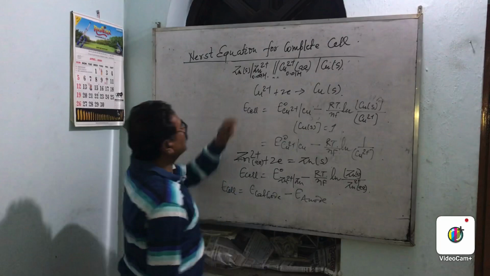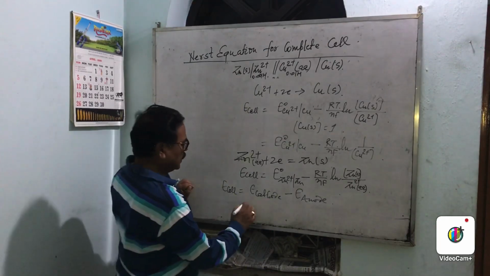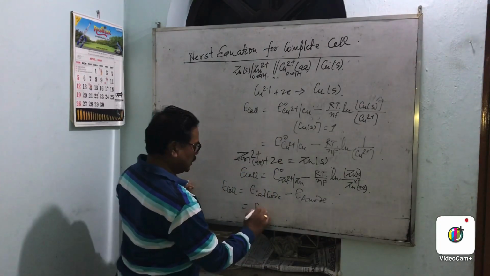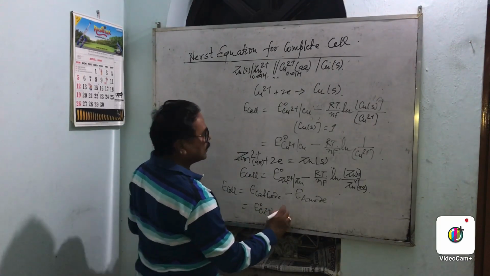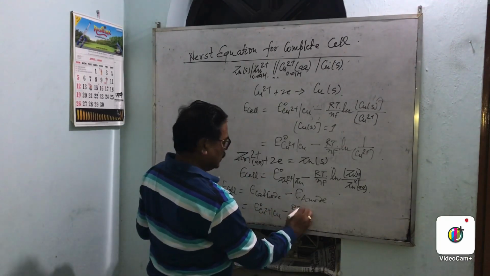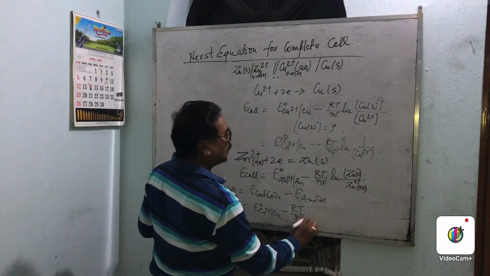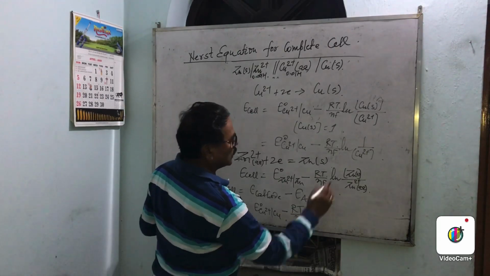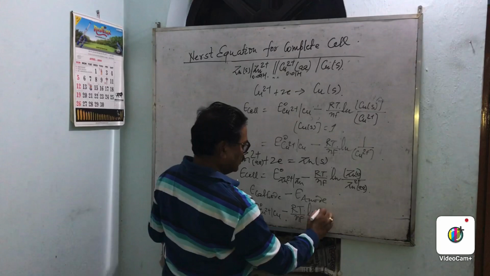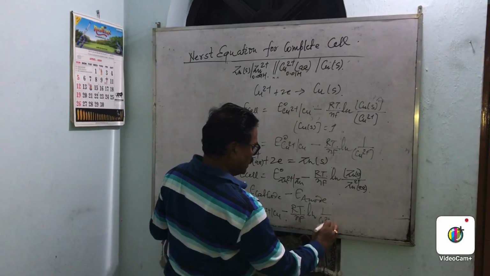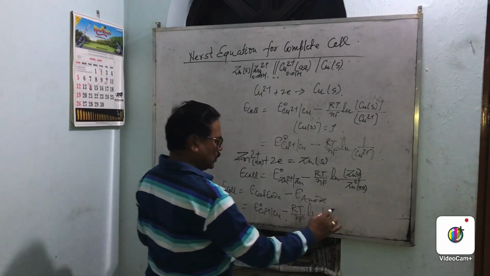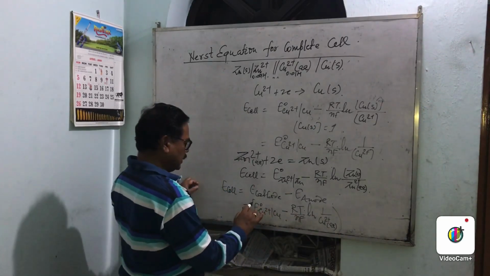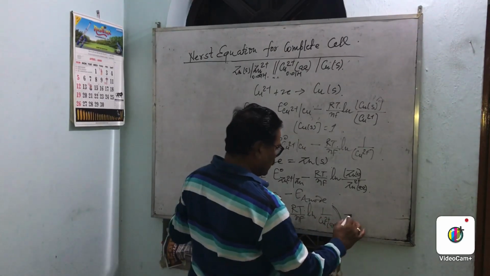So what is the cathode? You write here E0 copper 2 plus copper minus RT by NF log 1 by copper 2 plus aqueous, right? So you put this in the bracket, and minus.